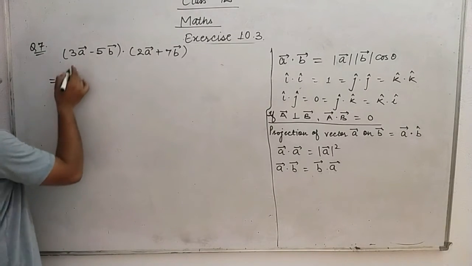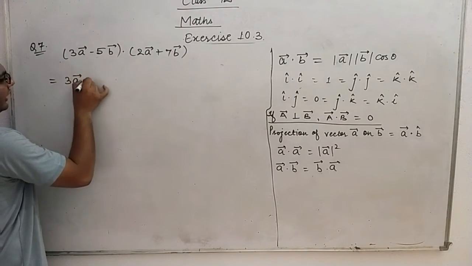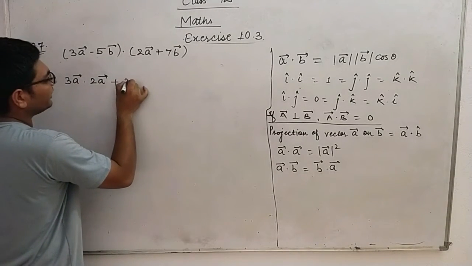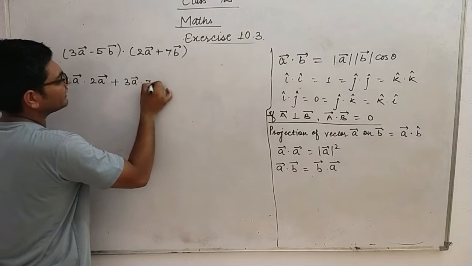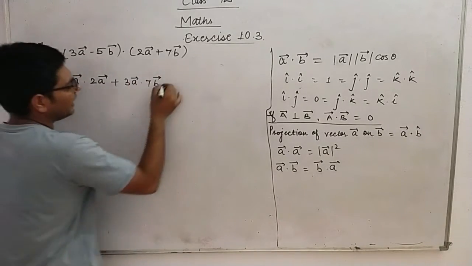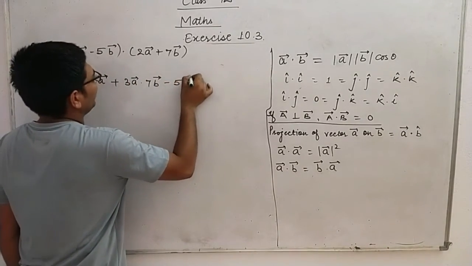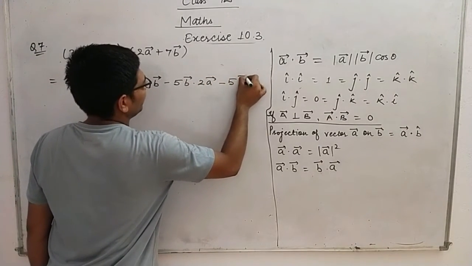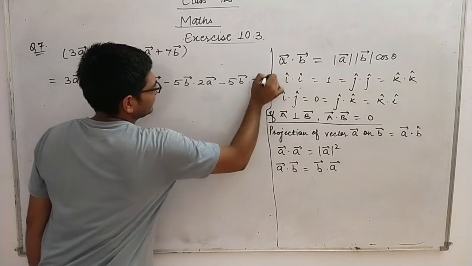Now, 3a dot product with 2a, plus 3a dot product with 7b, minus 5b dot product with 2a, and minus 5b dot product with 7b. Simple.